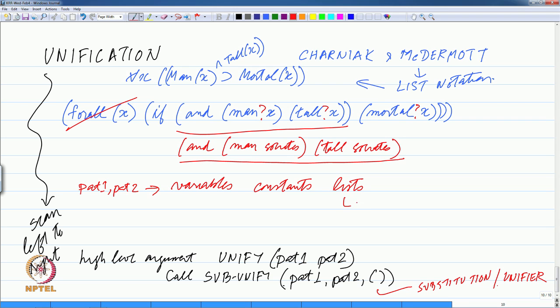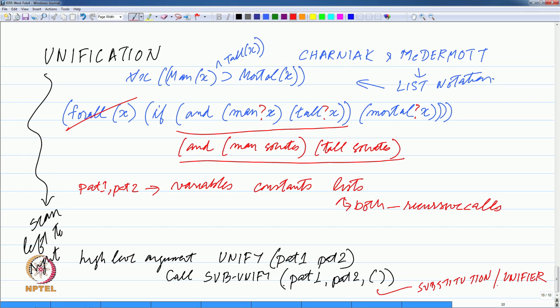When both pat 1 and pat 2 are lists, I am not writing the details here, then recursively unify the first element of the list, the second element of the list, the third element of the list, and so on essentially.